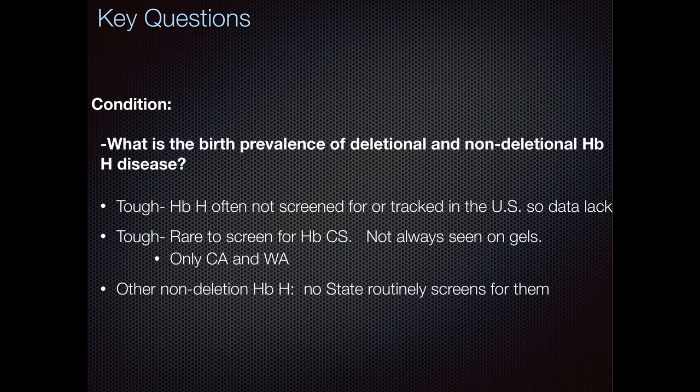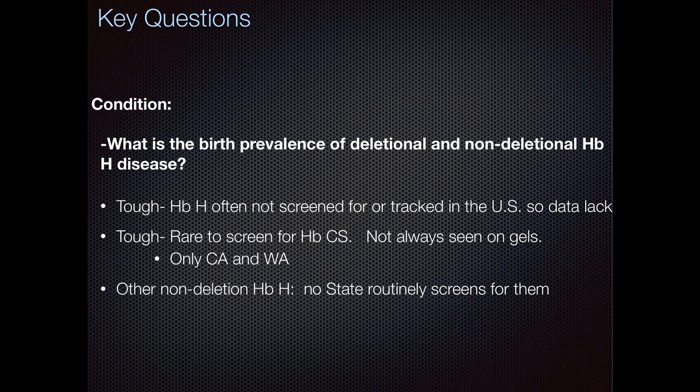So going back to the key questions that the panel asked last time, what's the prevalence of deletional and non-deletional hemoglobin H disease? Well, it's tough because it's not routinely screened for or tracked in the United States. So there's a lack of data. It's even more difficult to report out hemoglobin H Constant Spring because it's not always seen on gels.